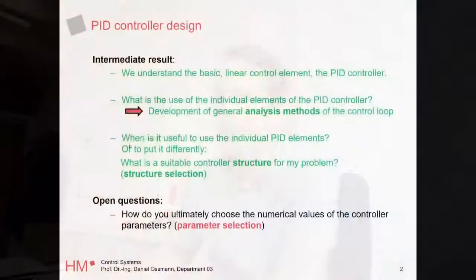So, heuristic controller design. Again, we have two options, right? You don't need to write it down, I just want to make it clear.